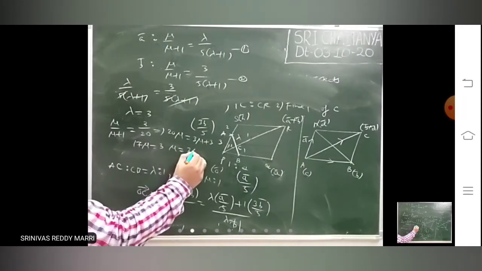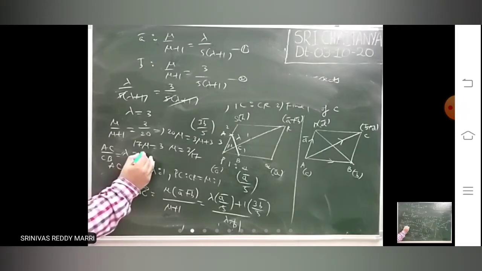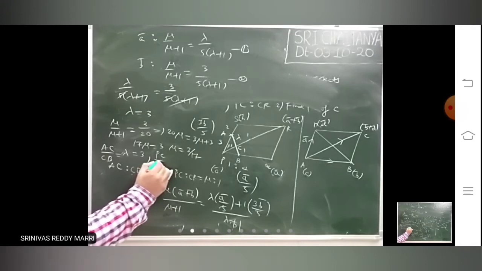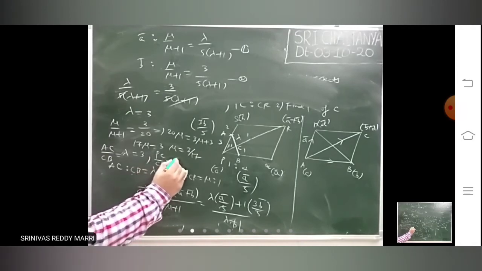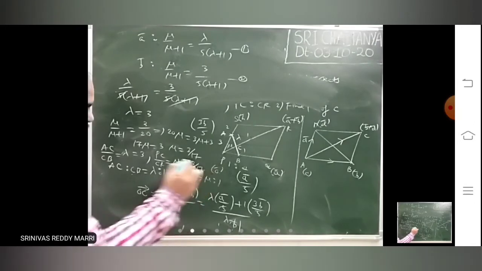So mu is nothing but 3 by 17. So what is our ratio? AC by CB is nothing but lambda. So lambda is 3, comma, and the other ratio is nothing but mu. Mu is 3 by 17.